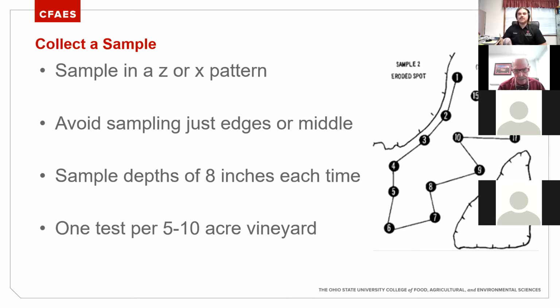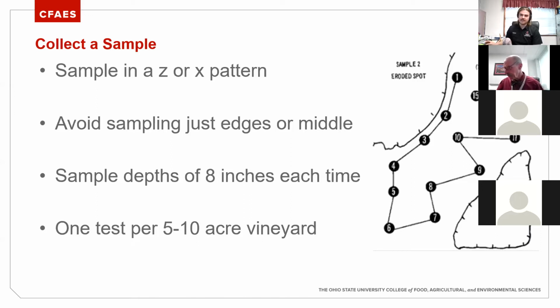So if you have a field that has a nice slope to it, and then half of it is flat land at the bottom of that slope, you may want to test those separately, because more than likely those soils are different, and the nutrient values are going to be different there.